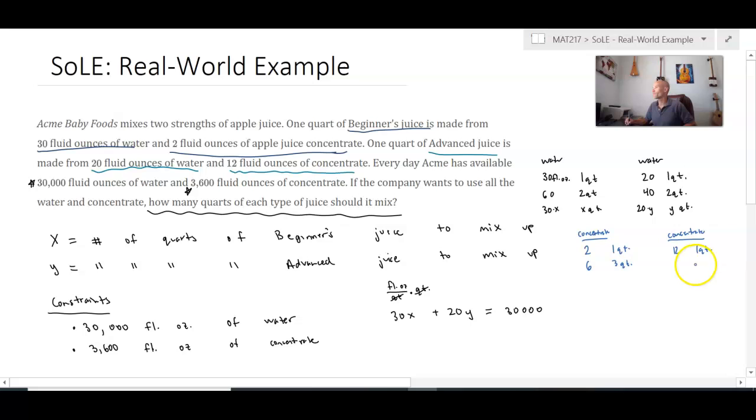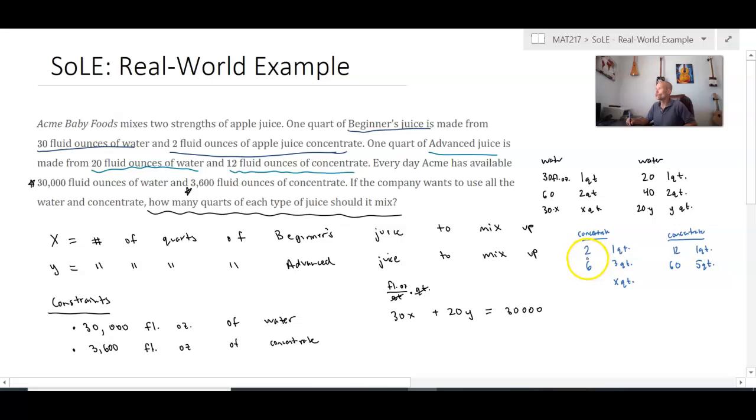And if we had, say, 5 quarts here, they don't have to be the same, then for each quart we would need 12 fluid ounces of concentrate. So 12 times 5 would give us 60 fluid ounces of concentrate. And in the same line of thinking, what if we had X quarts?